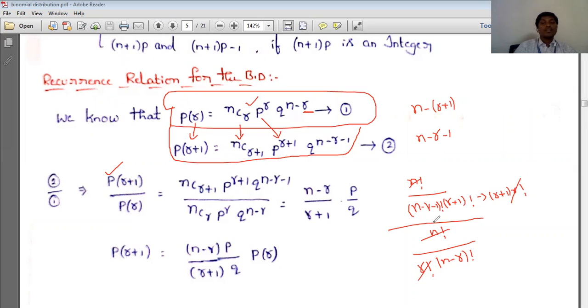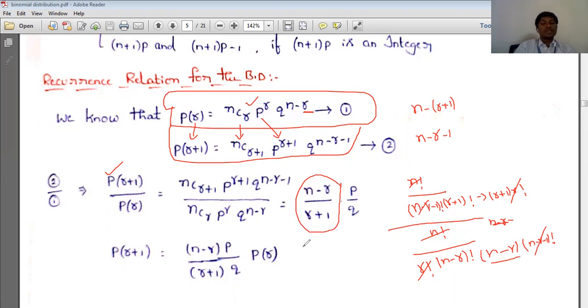And (n minus r) factorial is n minus r into (n minus r minus 1) factorial, so those cancel too. Whatever remains, one goes to the numerator and one to the denominator. That's why we wrote n minus r by r plus 1.